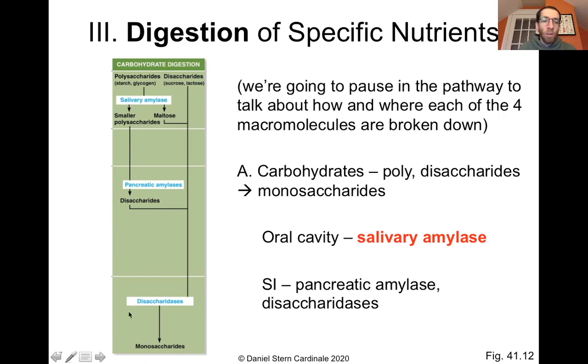You can just treat these as one box because we're never going to ask you to tell us specifically whether a small intestine enzyme comes from the pancreas or the small intestine. We're just going to lump all those together and say they're active in the small intestine. So the compartments here are mouth, stomach, which doesn't do anything for polysaccharides, and then the small intestine.